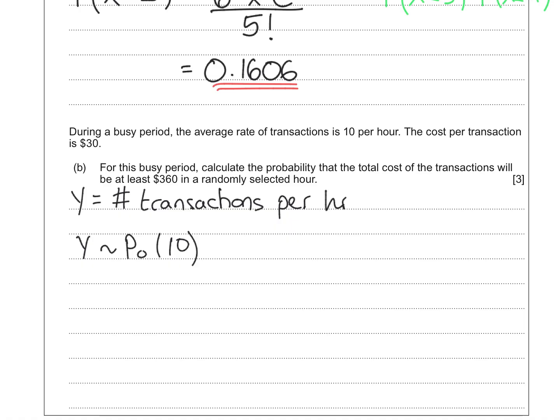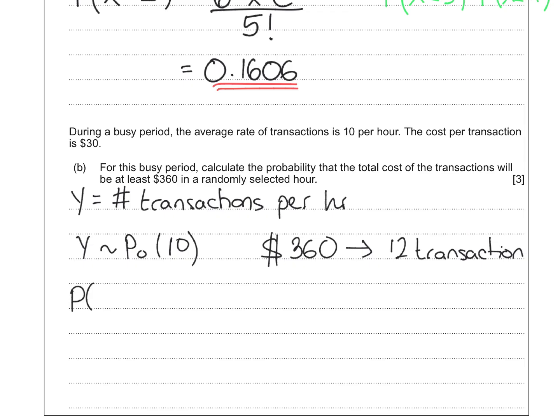Each transaction is £30. Looking at the question then, at least £360. Well, that means 12 transactions, because 360 divided by 30 gives us that 12.